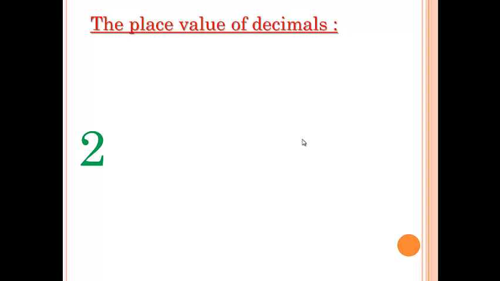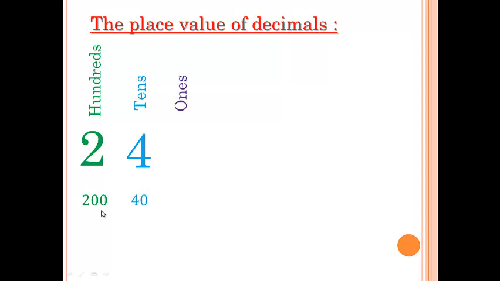The whole part is before the point, to the left of the point, and the decimal part is to the right of the decimal point. 2 in the hundreds place, this is a place value, and its value is 200. 4 in tens, and its value is 40. 9 in ones, and its value is 9. This is before the decimal point, 249, as normal, the whole part.